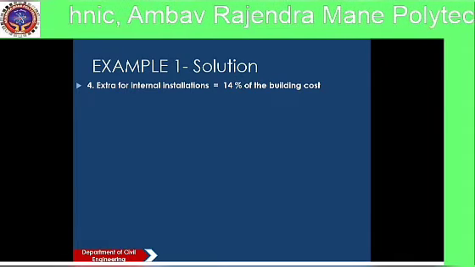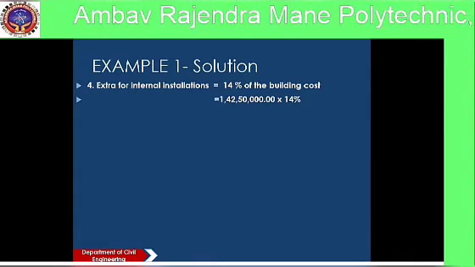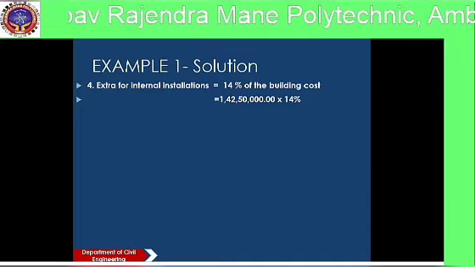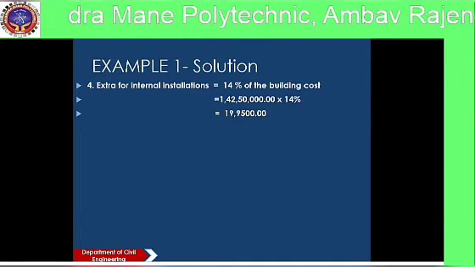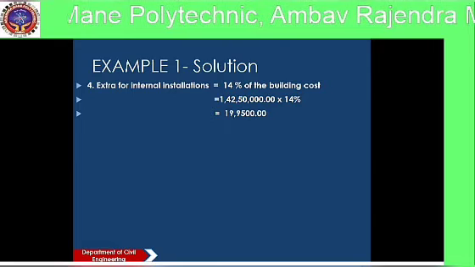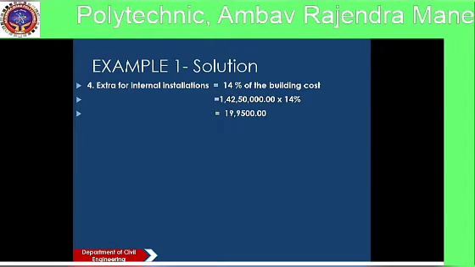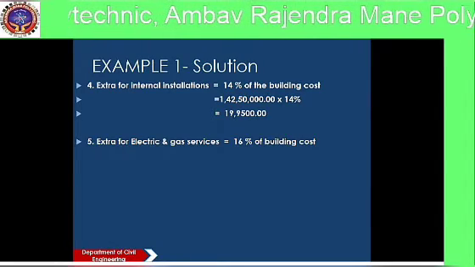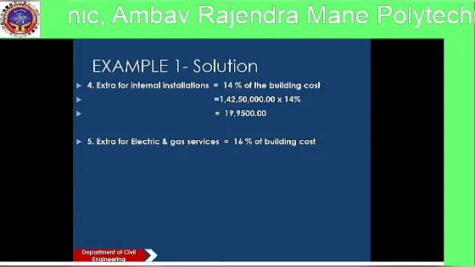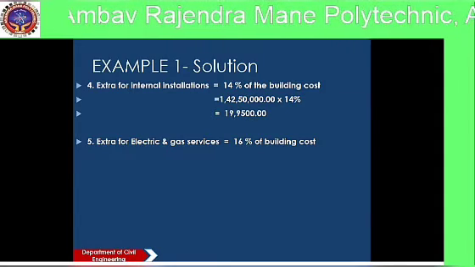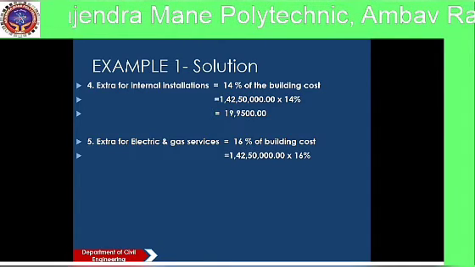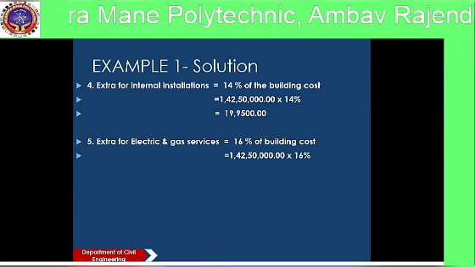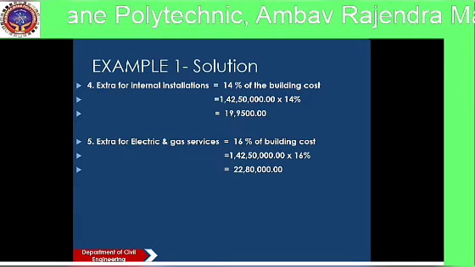So 14% of 1 crore 42 lakh 50,000, which is 19 lakh 95,000. Okay. Amount required for electric and gas services is equal to 16% of building cost. That means 16% of 1 crore 42 lakh 50,000 and is equal to 22 lakh 80,000.